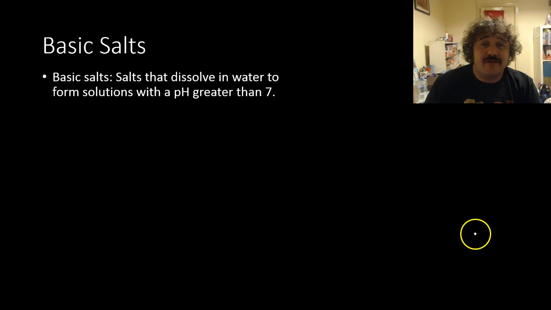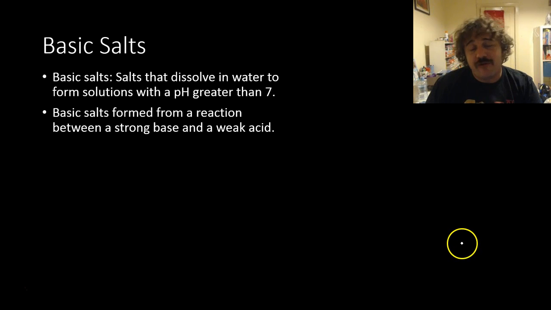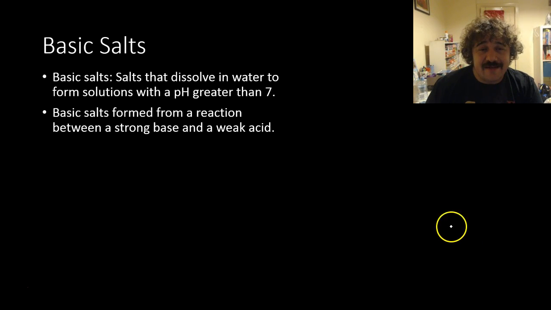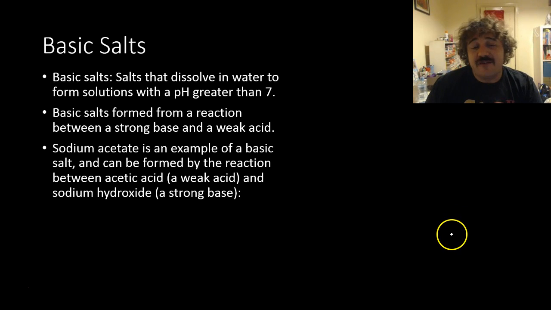So let's have a look at a basic salt. Basic salts are ones where, when you dissolve them in water, you will get a pH of greater than 7. And they're formed from the opposite reaction. When you get a strong base and a weak acid, you're going to get a basic salt. Sodium acetate is a good example of a basic salt.